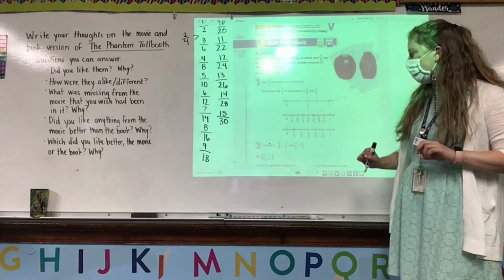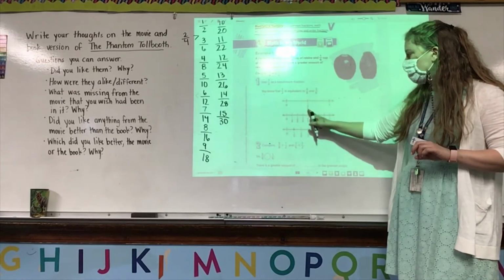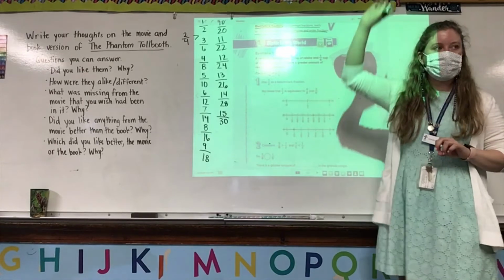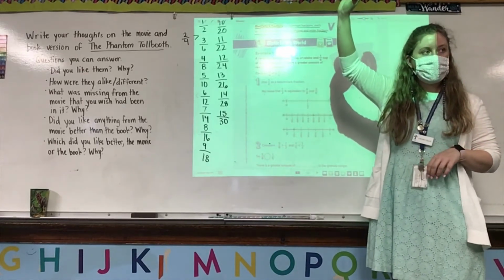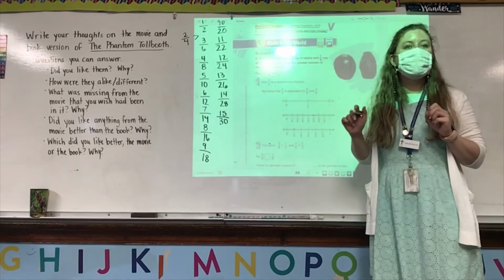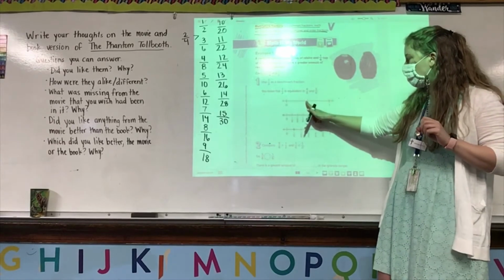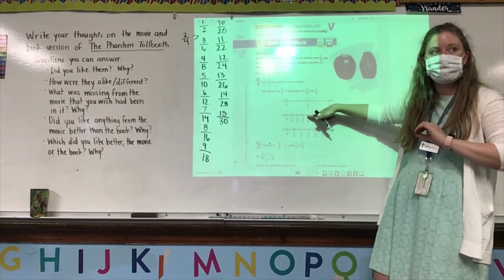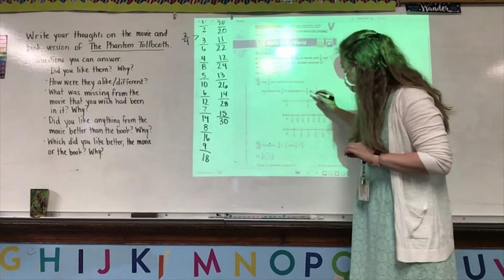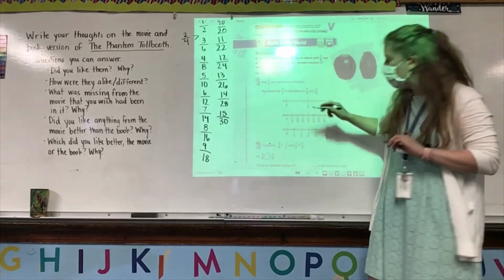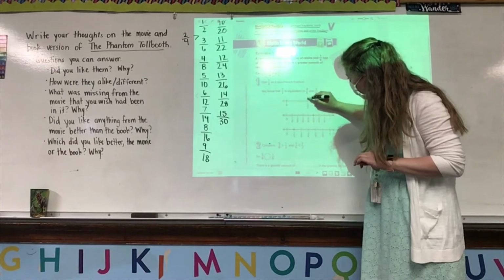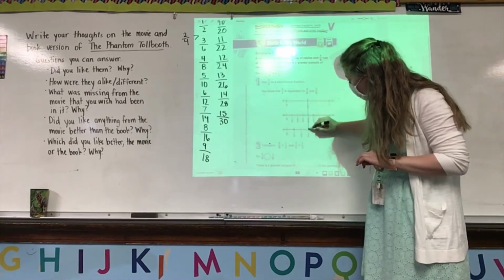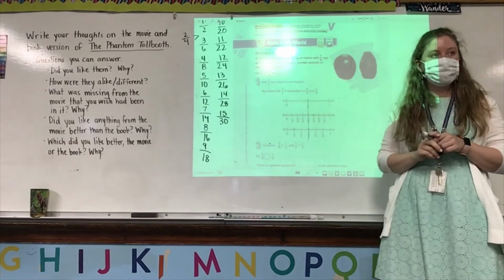Write down 1/2. What fraction is equivalent to 1/2 with 8 as a denominator? Class? 4/8. So our line needs to go through 1/2, 4/8, and what's the last one, class? 3/6. Good. So let's draw our thin line with your pencil through 1/2, 4/8, and 3/6.